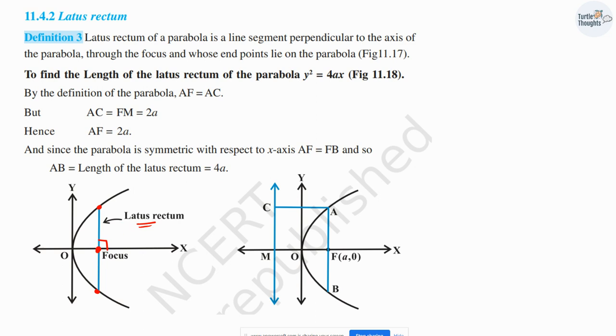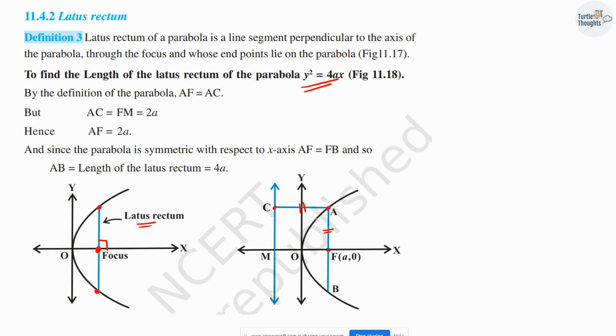Now, for the parabola with equation y squared is equal to 4ax, the distance AC and FM, the distance from here to here, this one and this one, they should be equal for any parabola.